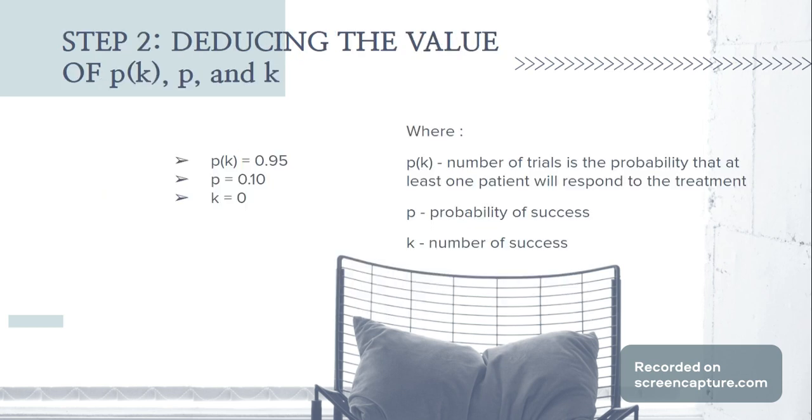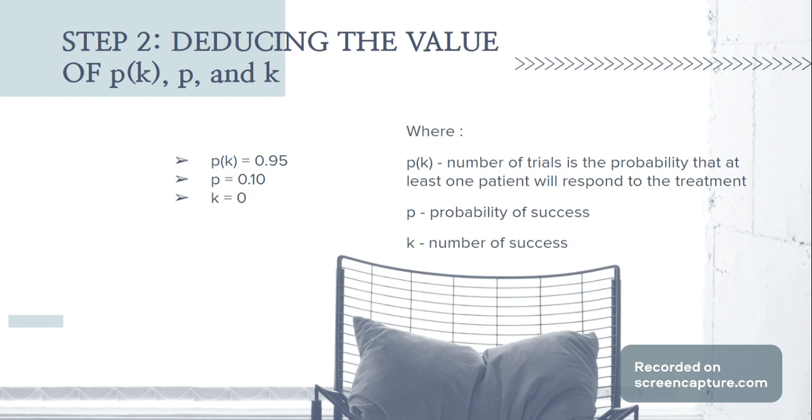We move to the next step, which will be deducing the value of P(k), where P(k) is the probability that at least one patient will respond to treatment. From the information we have, that probability is at least equal to 0.95.